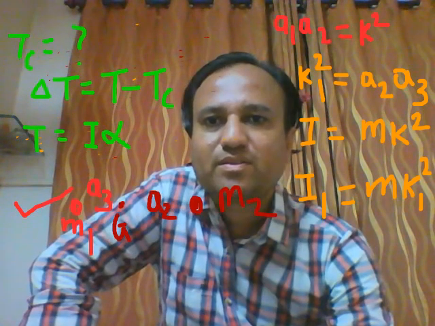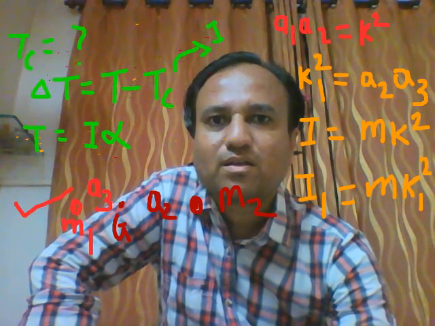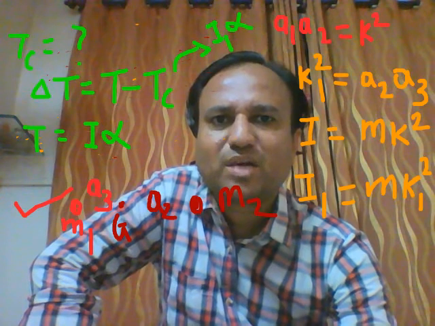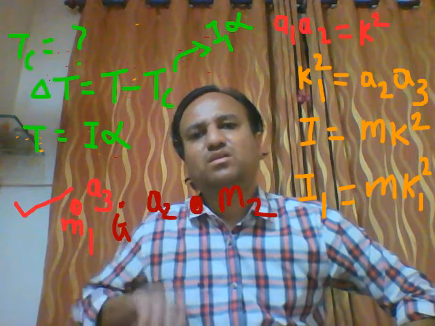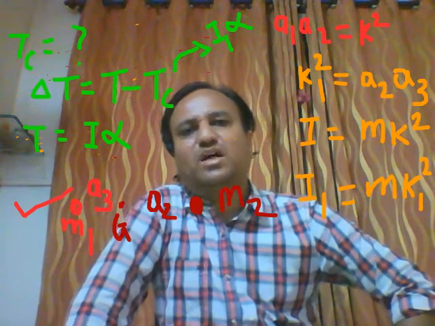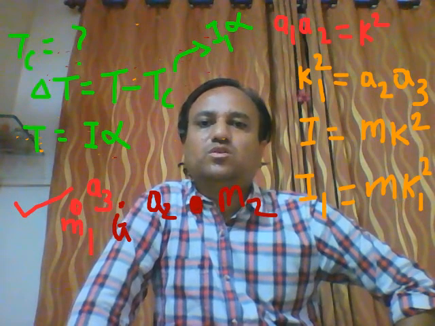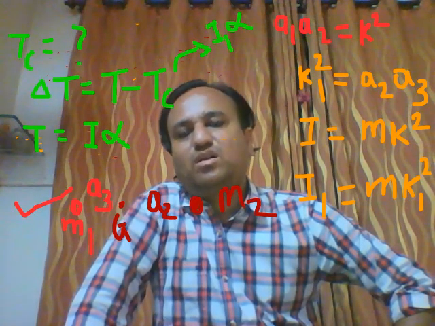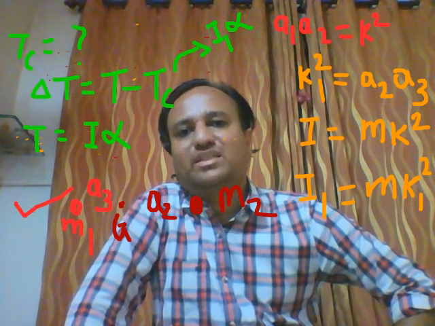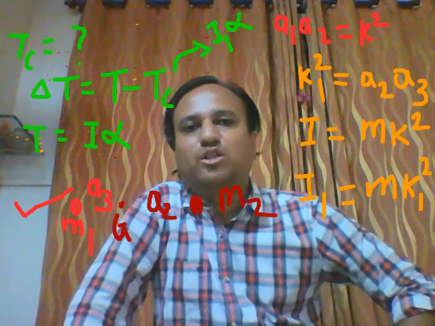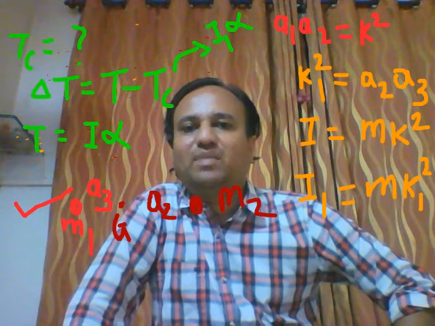So the value of TC will be I1 into alpha, same angular acceleration. I is the moment of inertia considering the arbitrary position, I1 is the moment of inertia considering the revised position. T is the couple in an arbitrary condition. TC is the couple in the new position. So delta T is T minus TC.